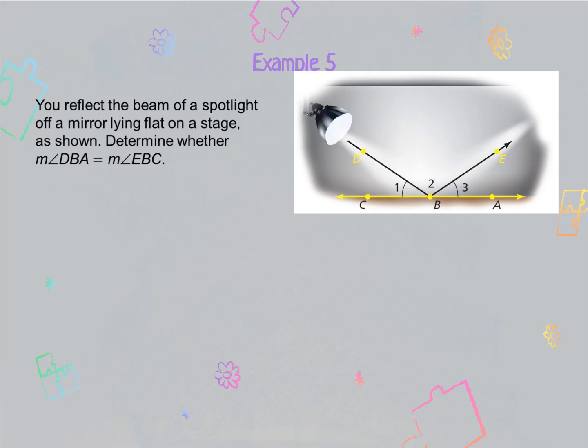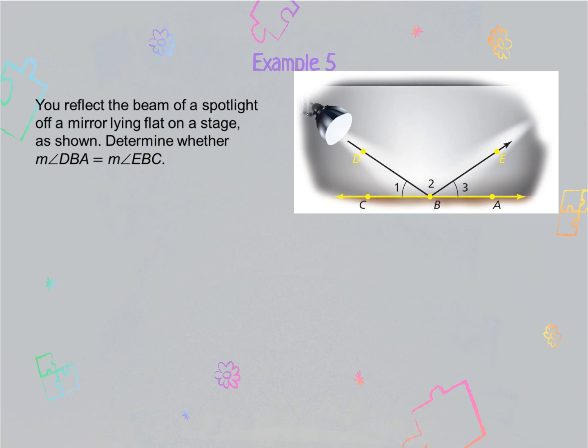All right. Looking at this example, it may look like it's a lot. You just have to think about it and follow certain steps to get there. So the question says, or what they want us to do, it says, you reflect the beam of a spotlight off a mirror laying flat on a stage as shown.